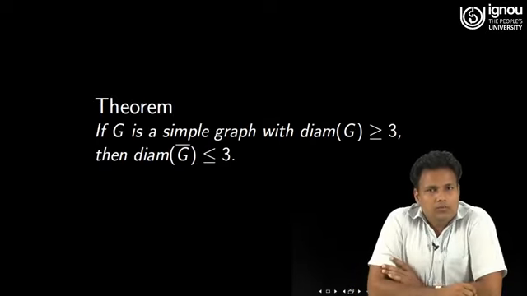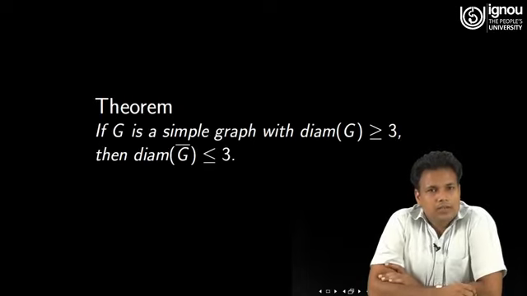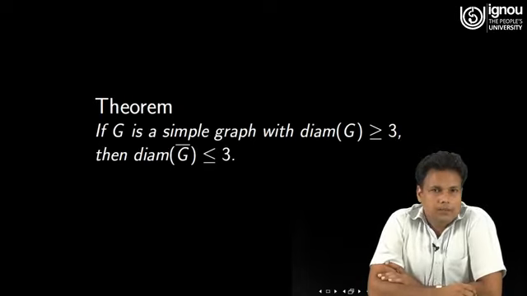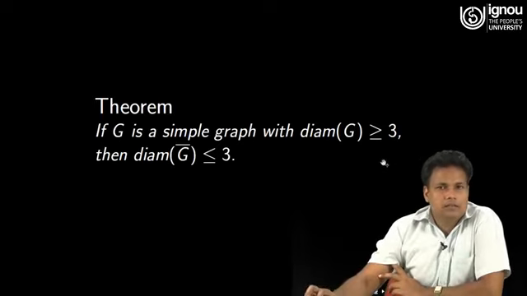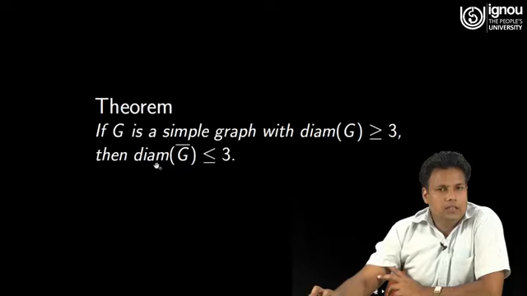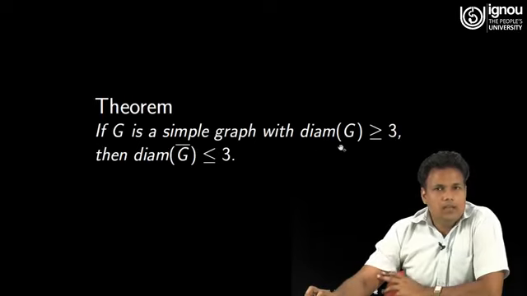Okay, now we come to the main result of this session. If G is a simple graph with diameter at least 3, then the diameter of its complement is at most 3. So, what are we given? We are given that the diameter of G is at least 3, right.